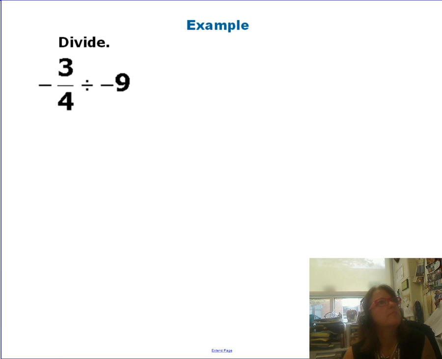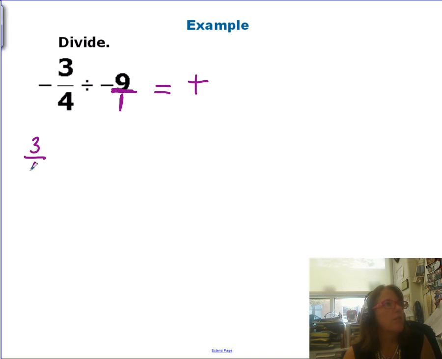Awesome. Next one. Okay, first of all, this isn't an improper fraction yet. Let's make it an improper fraction. Any whole number can have a denominator of 1. Now, the other thing I'm going to do, all this negative stuff, negative divided by negative, same sign, you're going to get a positive answer. Now I'm not going to worry about the negative signs anymore.